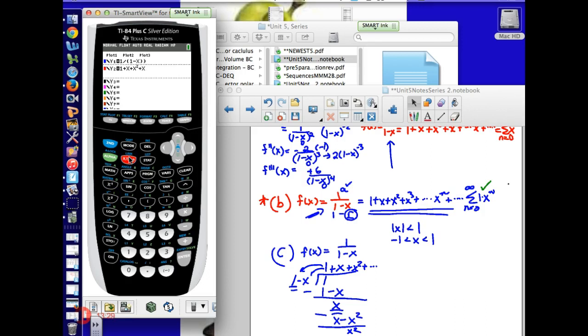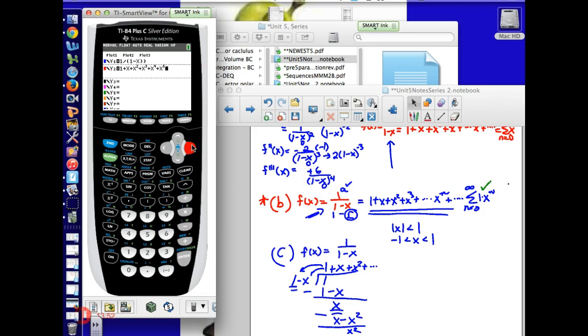I'm going to take it out a little ways so we can see it truly trying to wrap around that function. Notice I'm centered at 0, so I'm fine. If I were centered at 1, I couldn't use this, but I'm good with my center over here. So I'm going to go one more, plus x to the 5th.